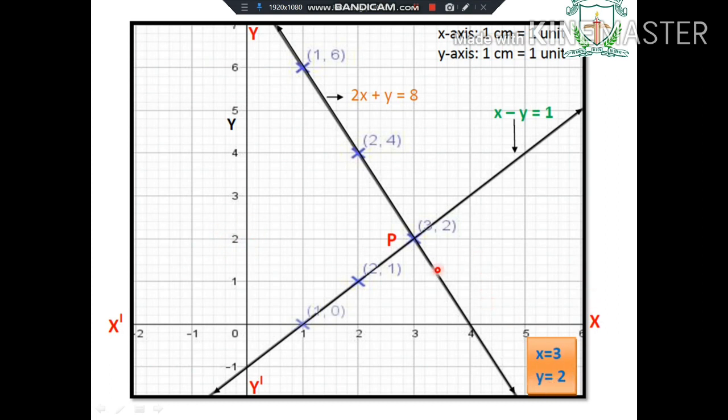Dear children, we have plotted both the equations on the same graph and got the solution x is equal to 3, y is equal to 2. So these two equations have a unique solution, only one solution, x is equal to 3 and y is equal to 2. Dear children, try to solve the same equations by the elimination method and verify your answer.